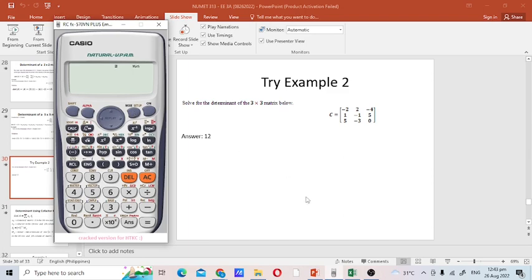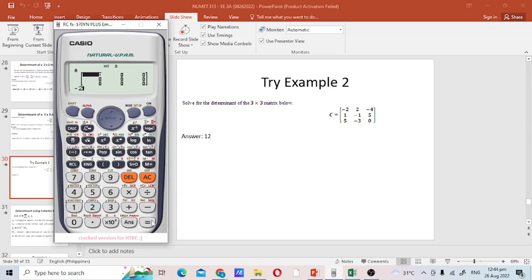So kahit hindi mo na gawin yon, meron naman shortcut. So meron siyang mode matrix, mode 6. Okay? So go to mode 6. Let's say mat A for matrix A. Okay? And it's a 3 by 3 matrix, right? So press 1 and you may insert the values.